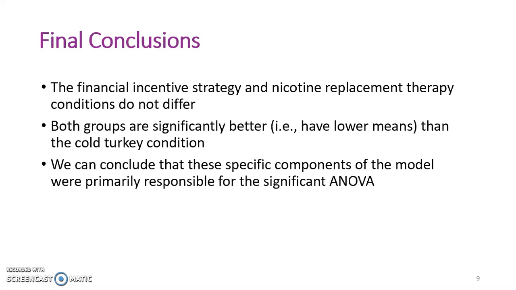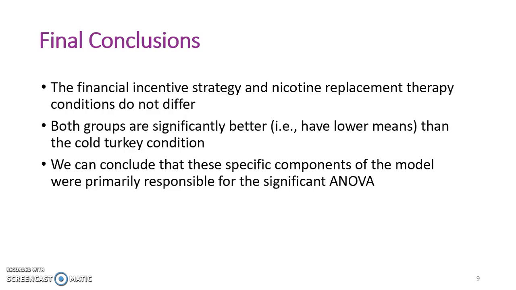So based on these multiple comparisons, these follow-up tests, we have concluded already that the overall model is significant and there are some group differences. But now with the multiple comparisons, we can confirm that the financial incentive strategy and the nicotine replacement therapy strategy do not differ, but both groups are significantly better than the cold turkey condition in reducing smoking intensity.